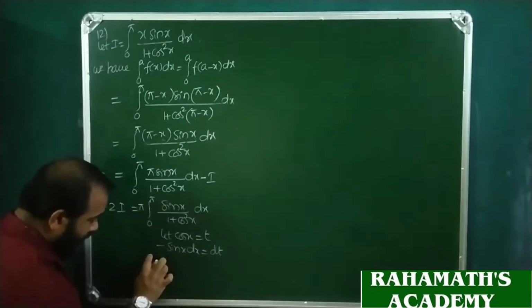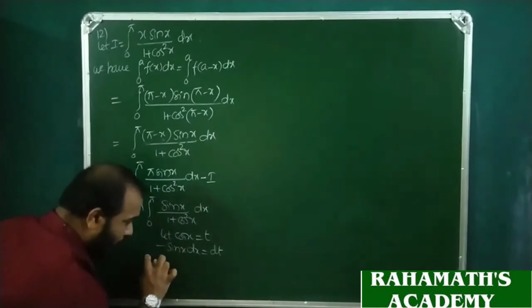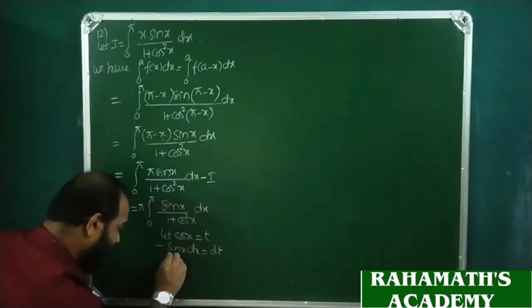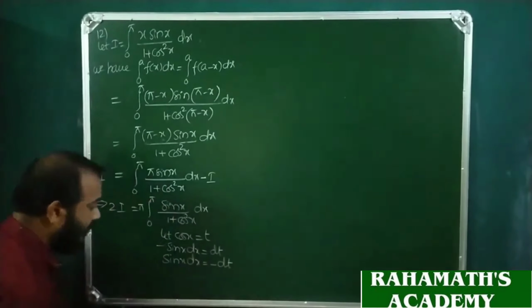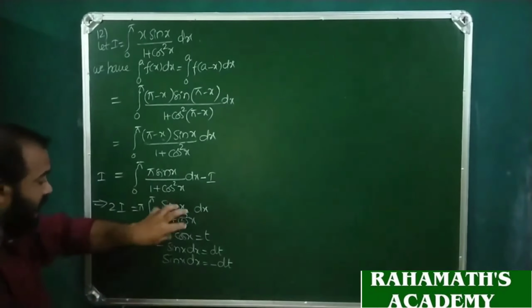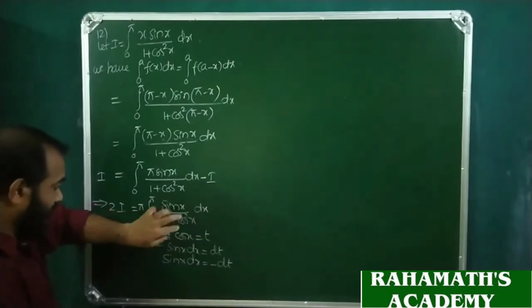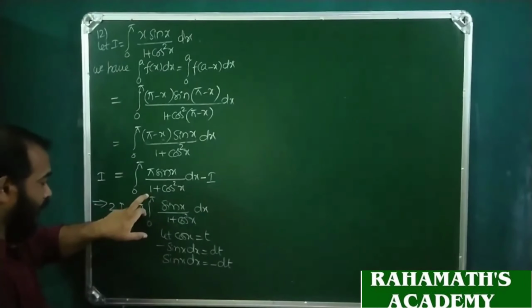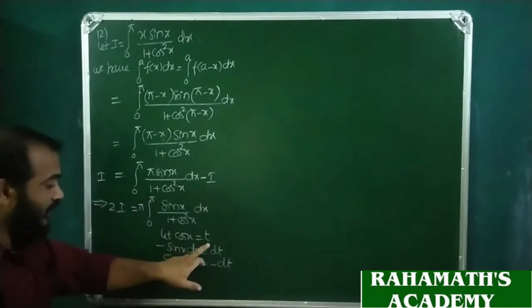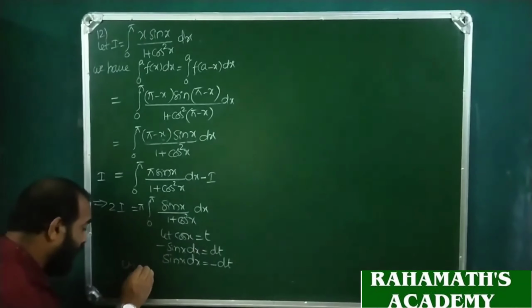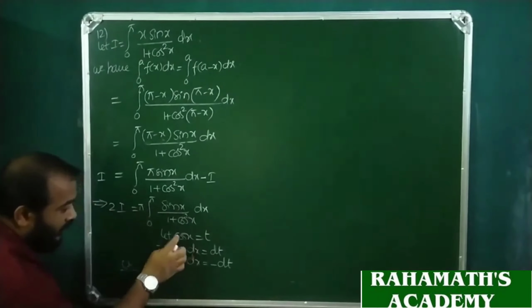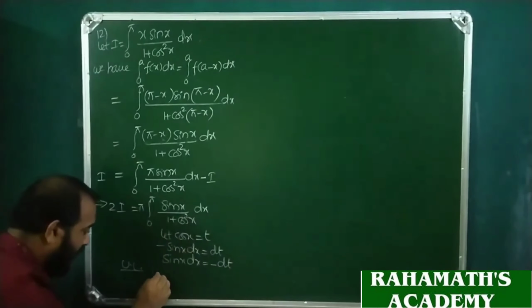Multiplying throughout with a minus, sin x dx is equals to minus dt. Now change the limits, because this is a function of x. Therefore 0 to pi are the limits of x. This x we are changing in t, therefore we have to freshly evaluate the limits for t also.